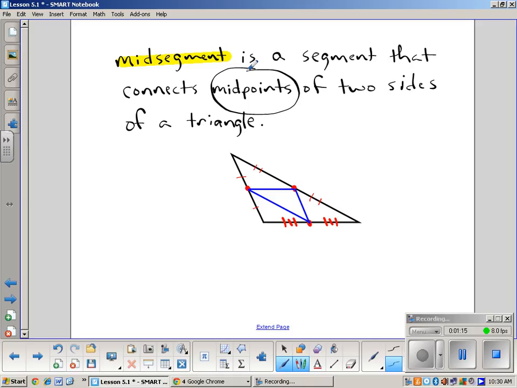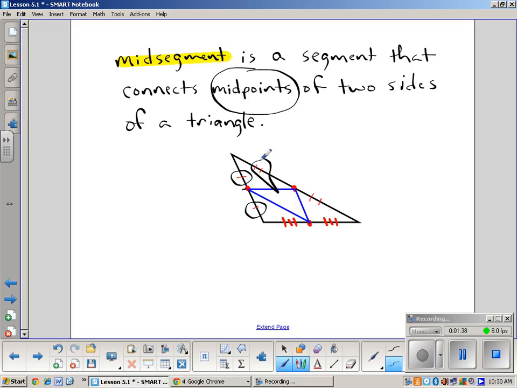So if I look at this larger triangle here, and then inside is a blue triangle, it is creating mid-segments. And we can see that by the fact that these two segments are congruent. So this point right here, this point right there is the midpoint.